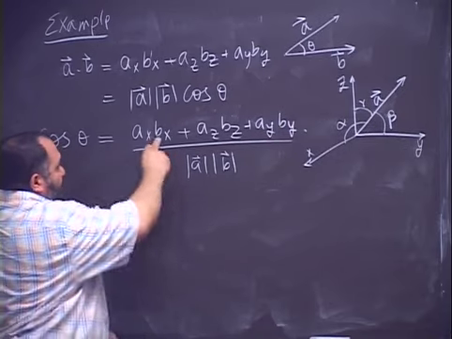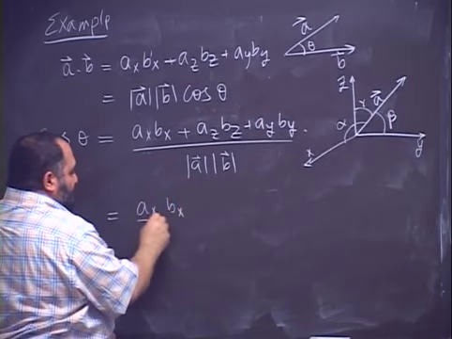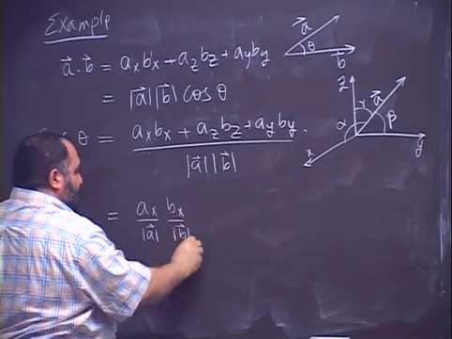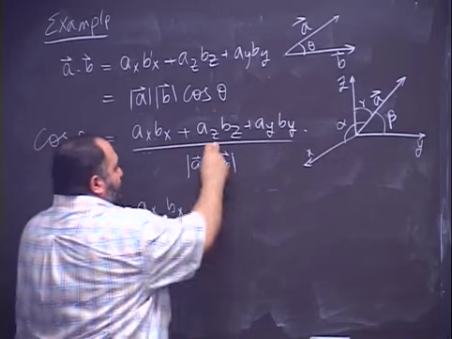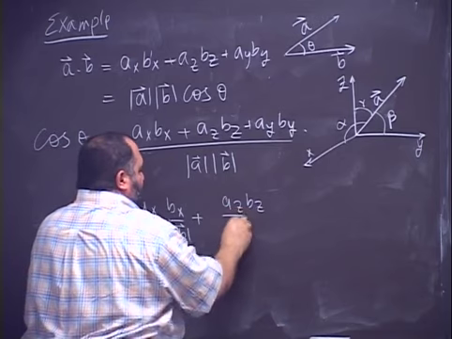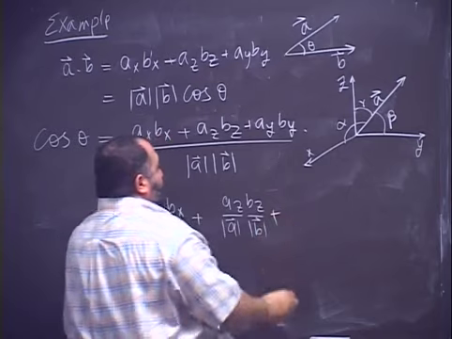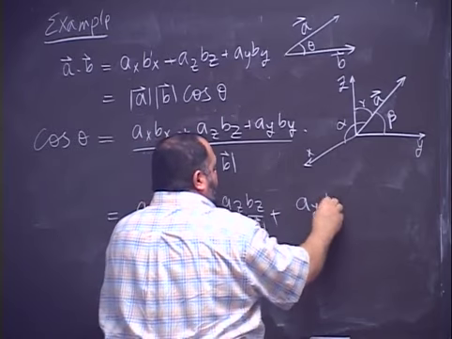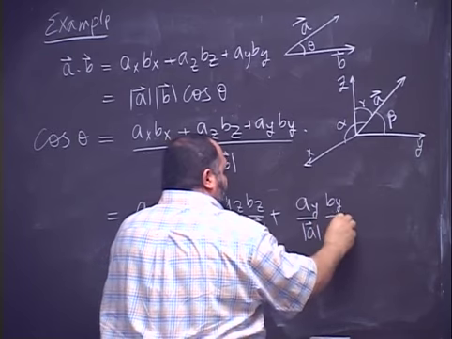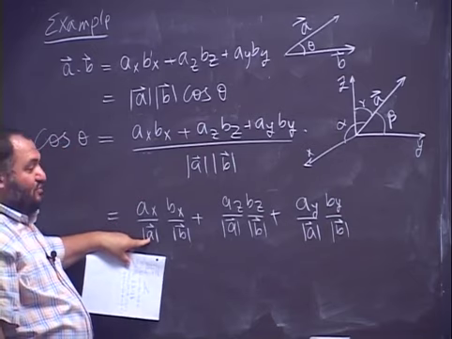Now, you will divide the first term, AX BX, by this first. Then you will have AZ BZ, again by the amplitude of A and the amplitude of B. Then you have AY BY, divided by the relevant amplitudes.